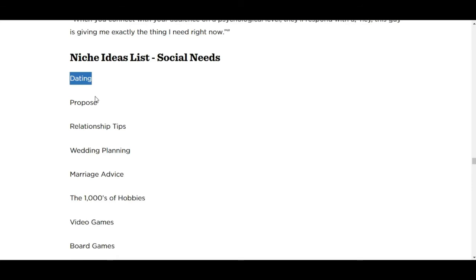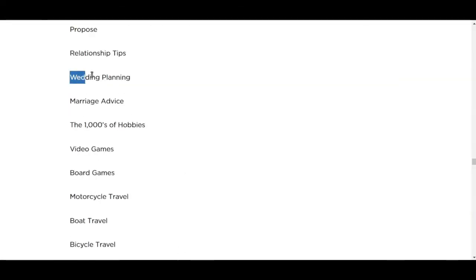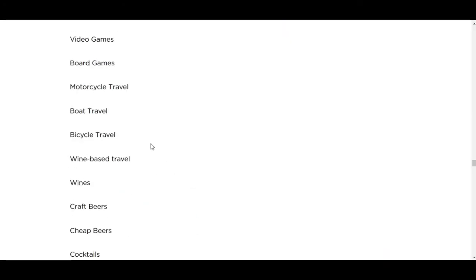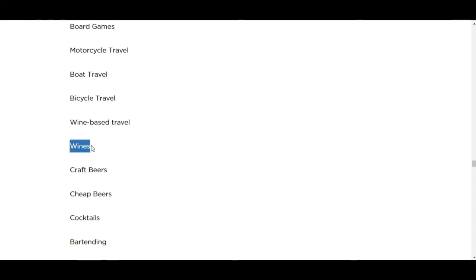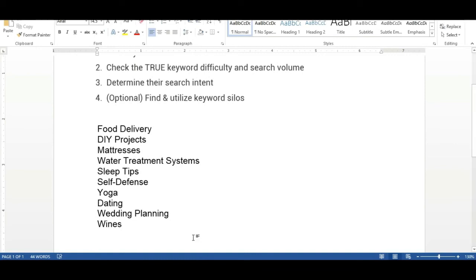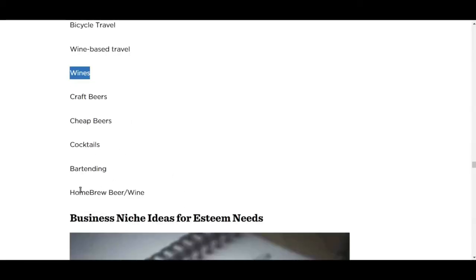So let's get with dating. I'm collecting the list, right? So wedding planning, some nice keyword idea, and wines, it's a nice keyword idea. Cocktail, bartending.